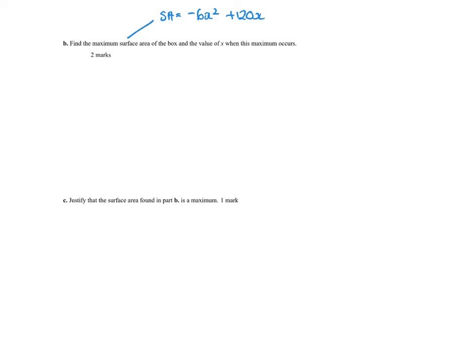They're asking us to find the function's maximum. Now we know they occur at the turning points, don't they? Yeah? And if you have a look, this is a negative quadratic. So wouldn't it look something like this? Because this would be surface area against x, and there's its maximum.